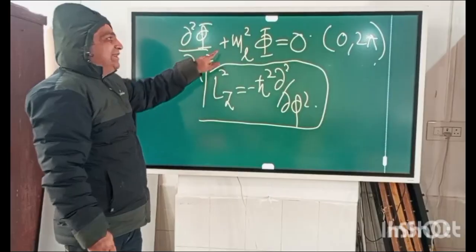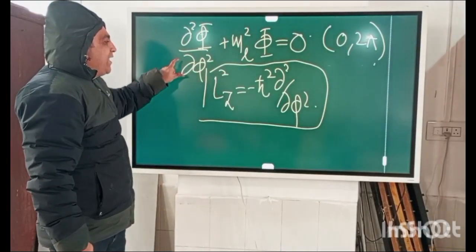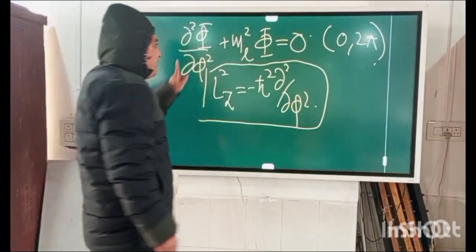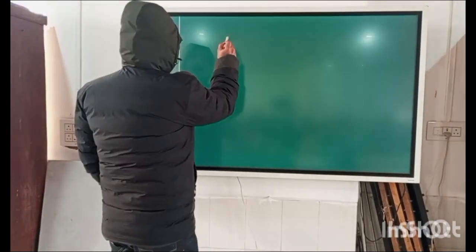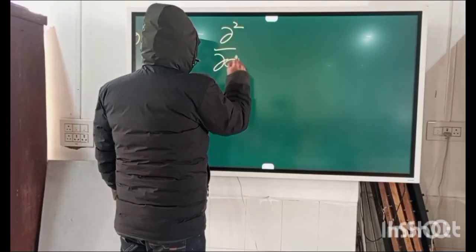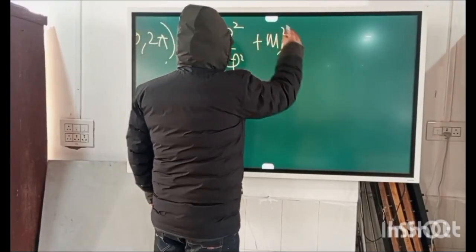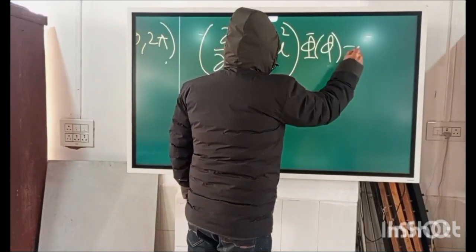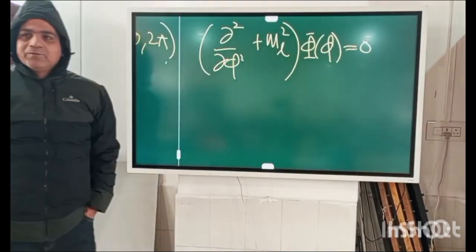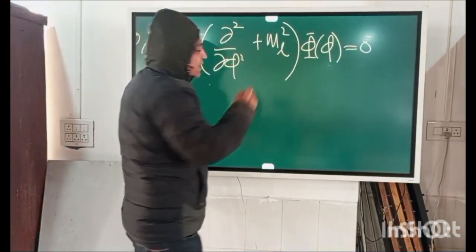Can I use this in this equation? Because I have ∂²/∂φ². If I rewrite this equation, you have ∂²/∂φ² Φ + ml² Φ(φ) = 0. So these are your operators and then there's a constant.